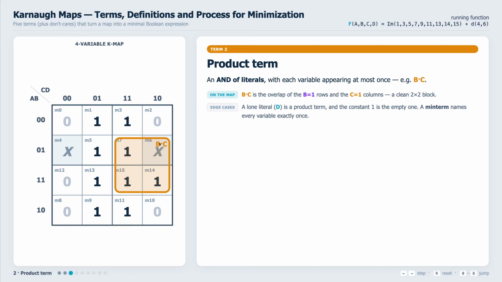Okay, so here is an example of a product term BC, and you see how this shows up on a Karnaugh map. We've talked about that before. There is an edge case where it's still a product term technically, even if you only have one variable. So a lone literal is technically a product term.